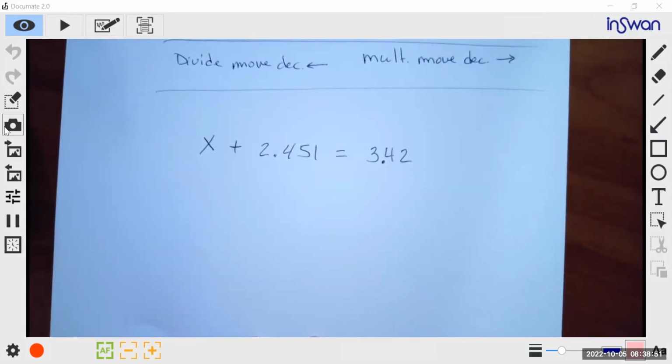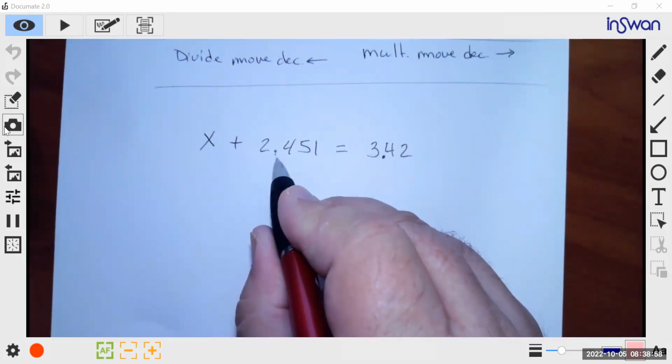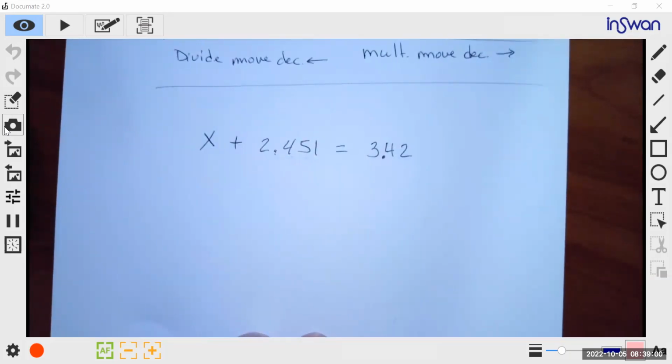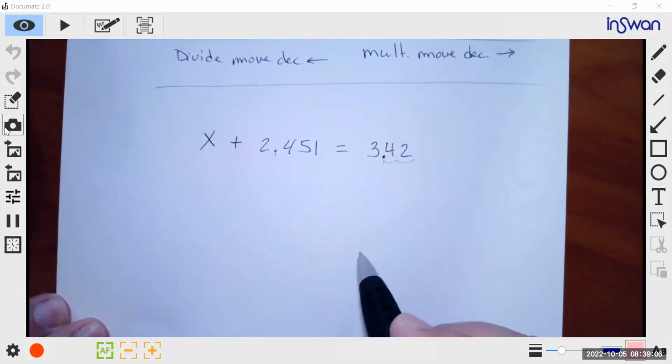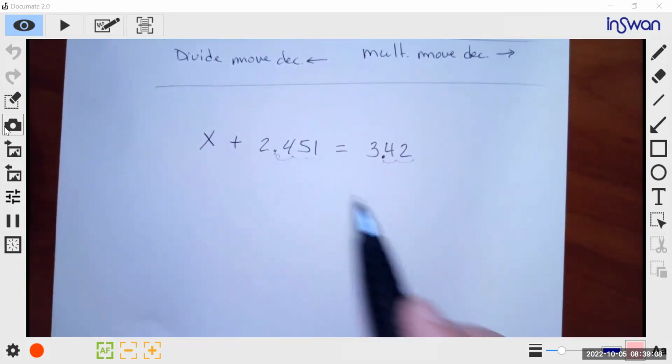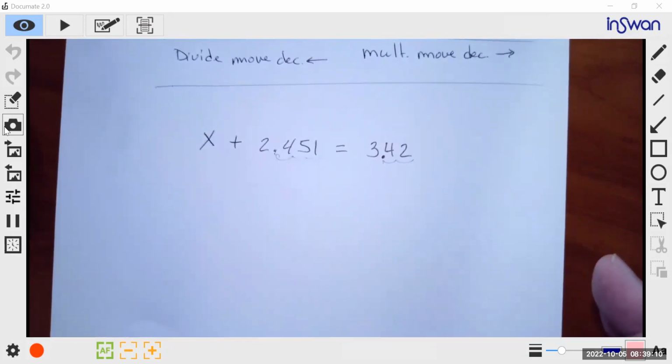Which is the most number of decimal places? There's 3 of them, 1, 2, 3. We have to move the decimal behind the number. So this one only has to move 2 times. This one has to move 3. So we have to move it 3 times to get rid of the decimal.